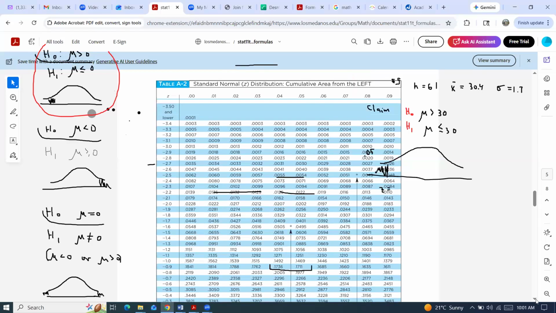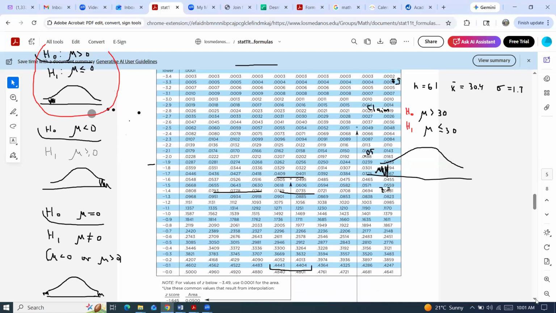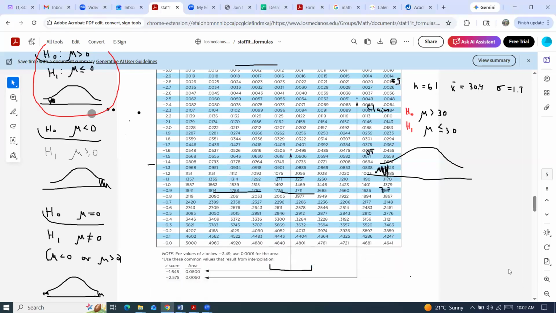1.645 with a minus sign, right? So it is right here, 1.645. And that's just what I need in here. So I'm going to be using that number, 1.645. Right?